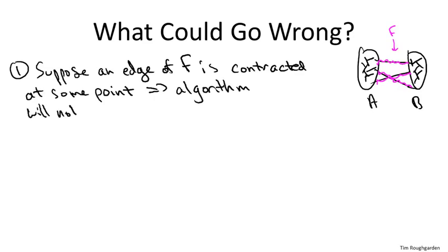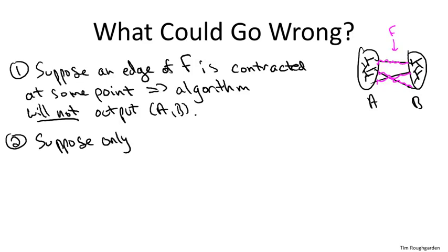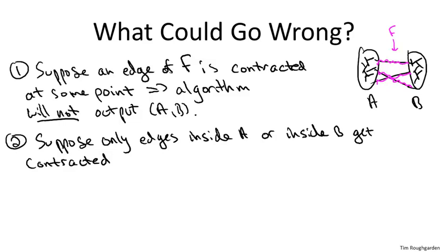And if you think about it, the converse is also true. So let's assume now that in each of the n-2 iterations, the contraction algorithm never contracts an edge from capital F. Remember, capital F are exactly the edges with one endpoint in A and one endpoint in B. So if it never contracts any edge of F, then it only contracts edges where both endpoints lie in capital A or both endpoints lie in capital B. Well, if this is the case, then vertices from A always stick together in fused nodes, and vertices from B always stick together in the fused nodes.